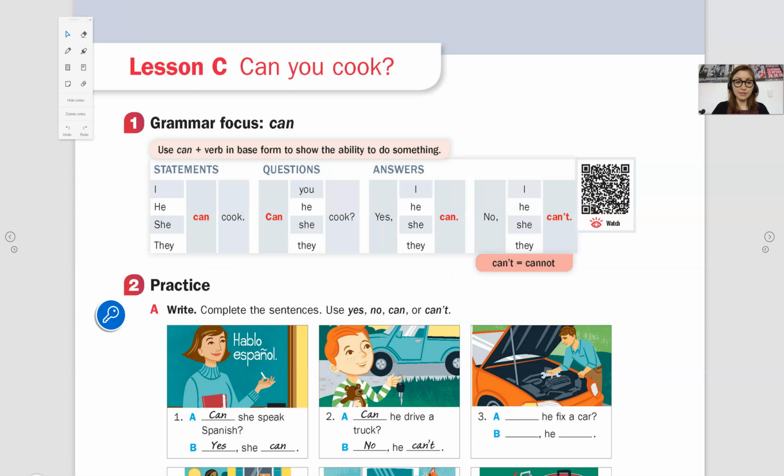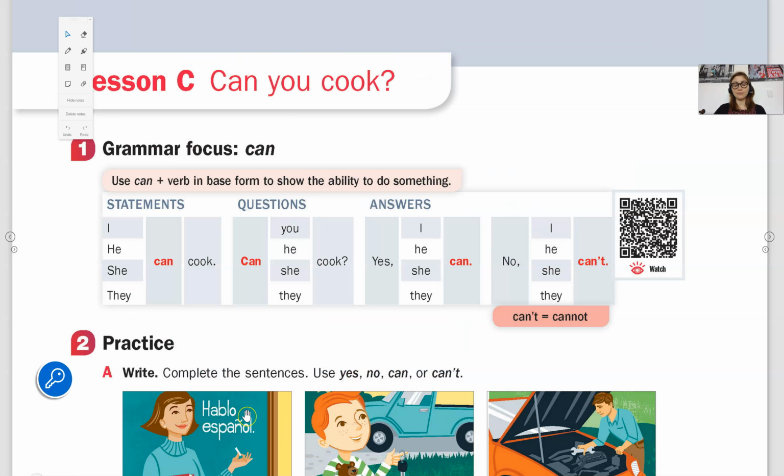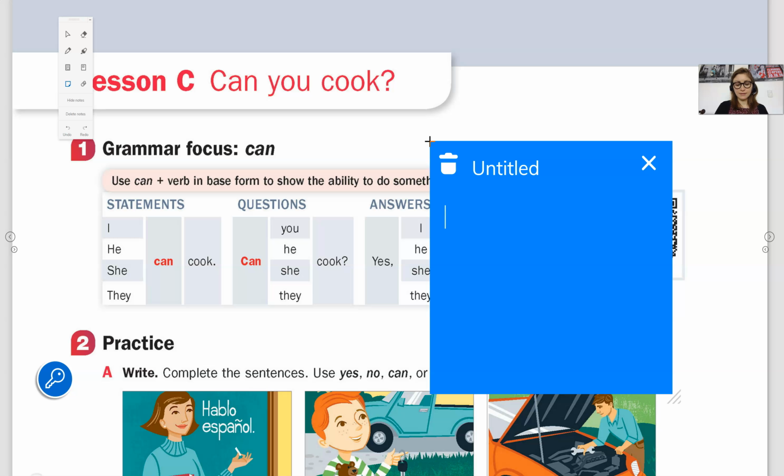This is page 100. We're talking about the word can. Can. Okay, so with the word can, it means possible. For example, can the teacher speak English? Am I speaking English? Is it possible?